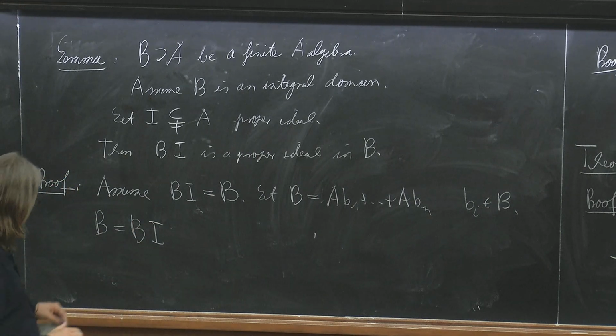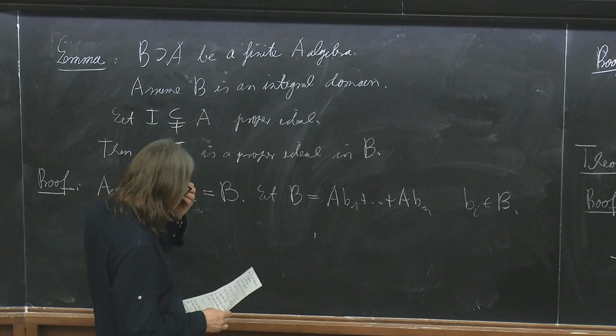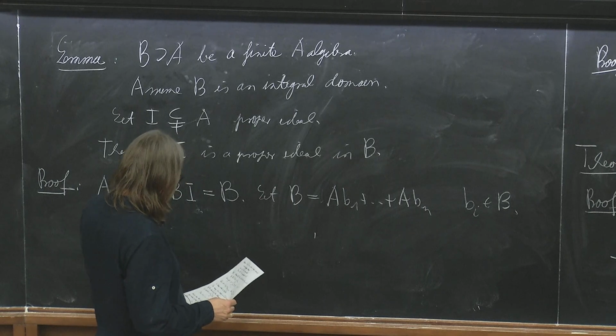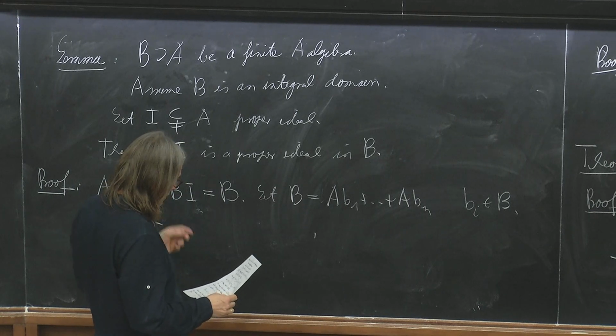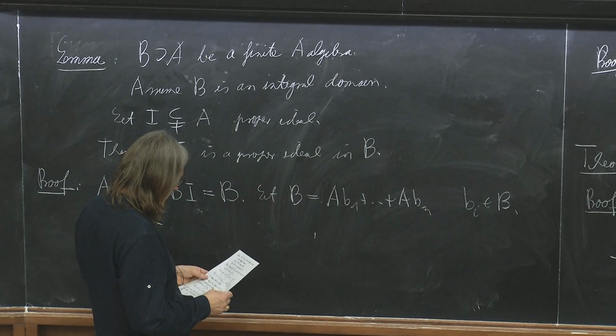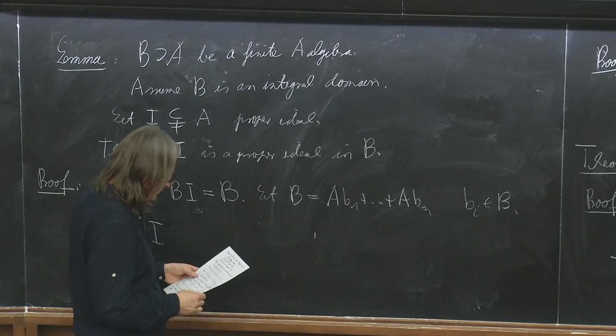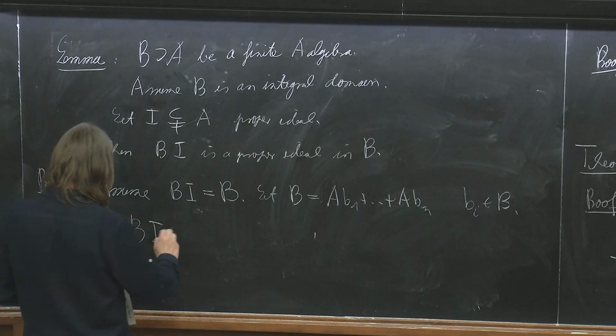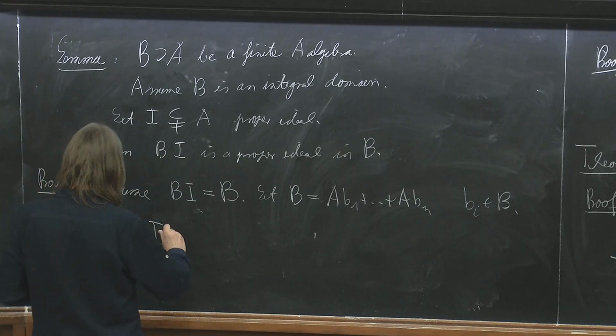So BI is obviously, this is commutative, equal to IB.